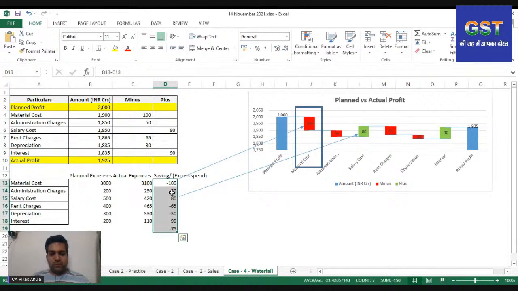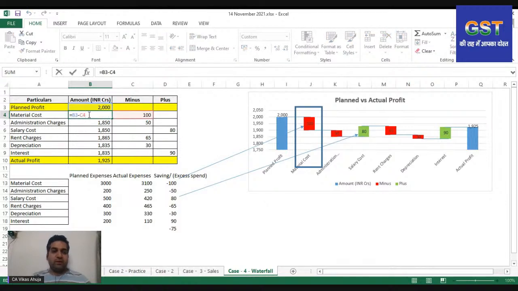So I just have to put this in this plus and minus table, and then do the addition and subtraction. 2000, I put it on the minus side, so I did a minus formula here, and then it's 1850. And for this, because in this case there is a plus, I'll just drag the previous one so that my graph does not change.